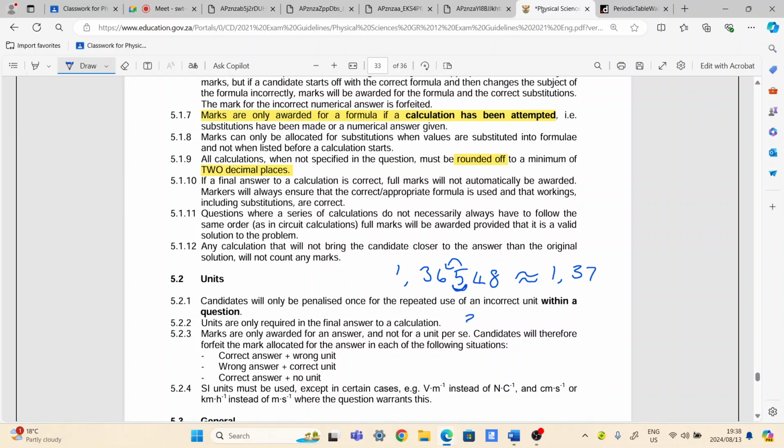Or another example, 23,815, rounded off to 3,82. And remember, always the unit, whatever the unit is. Always include the final answer and the unit in your equation. So 2 decimal places, value and the unit. Always important. Okay.